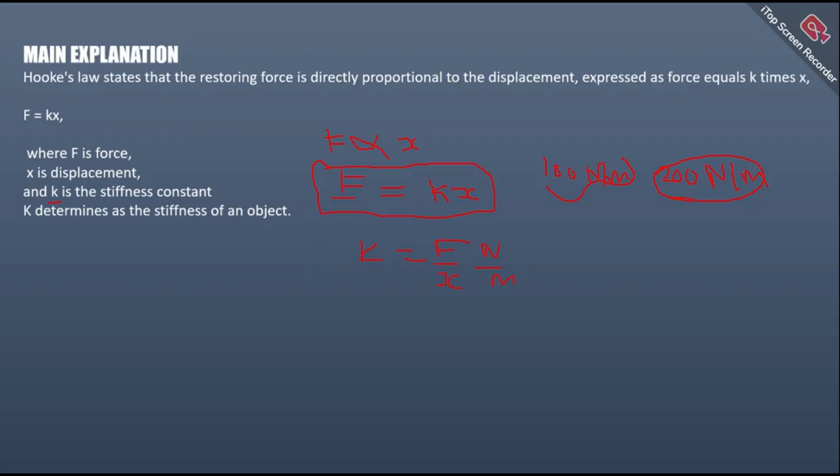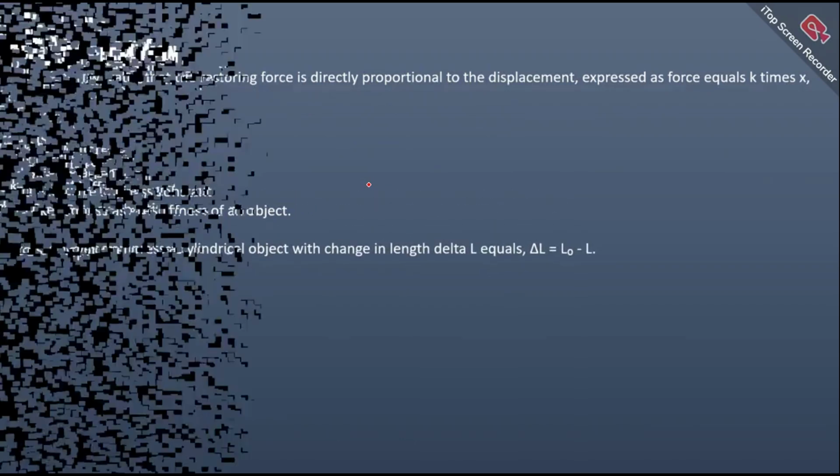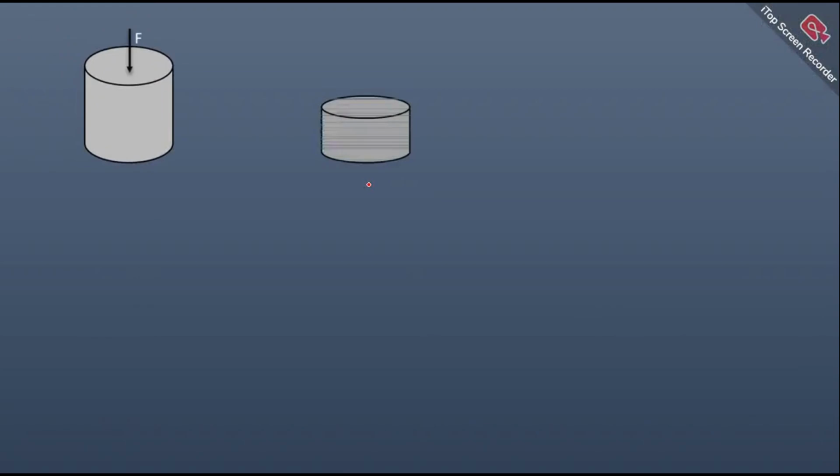Let's move on from there. Now, suppose we have a cylinder. Let me get the cylinder, this one. Then I apply a force on top there. Let's call it F. What do you think is going to happen to it when I apply a force on top there? It will actually start decreasing in length. Let's call the initial length L initial.